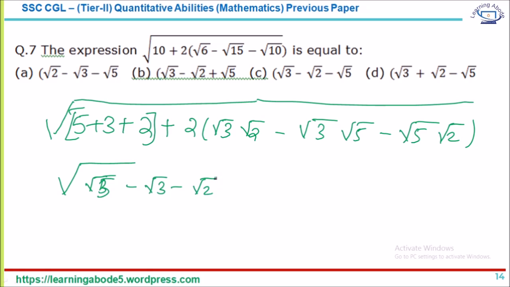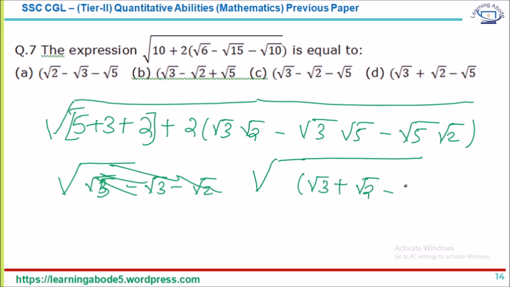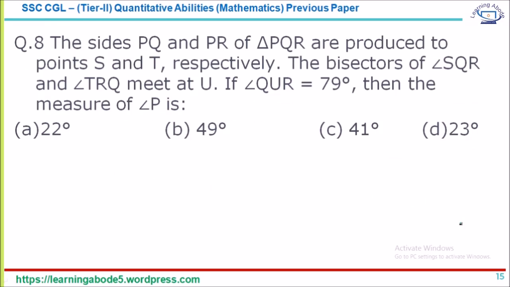I'm sorry, now what I have here is root 3 plus root 2 minus root 5 whole square. So what is the answer then? The answer is answer choice D. That's question number 7.